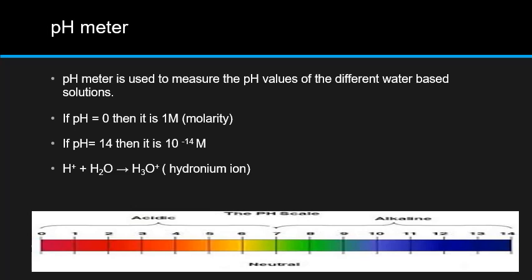H plus ions, that is hydrogen ions, are present. These hydrogen ions, when they combine with water molecules, form hydronium ions. So most of the ions present in an acid are hydronium ions.